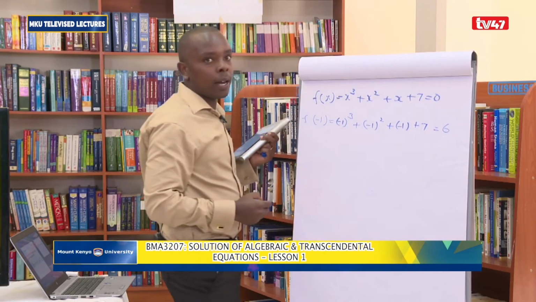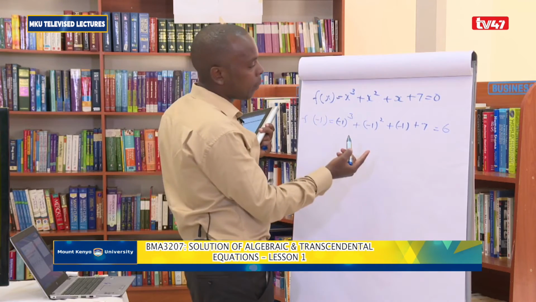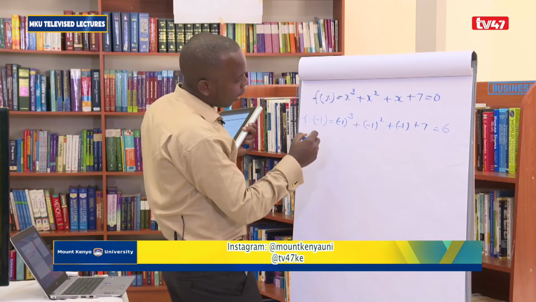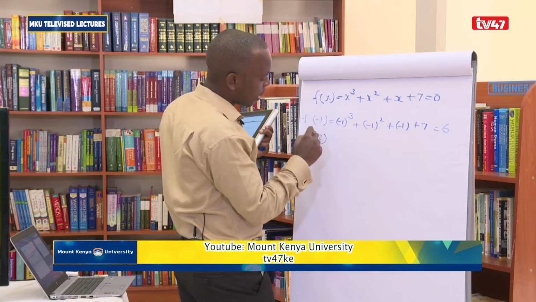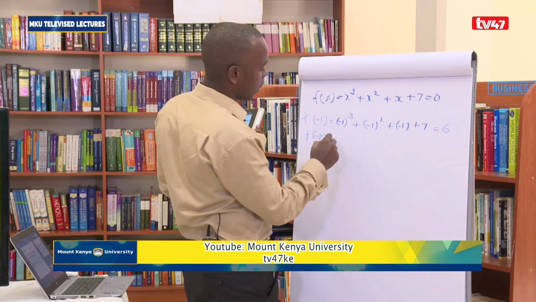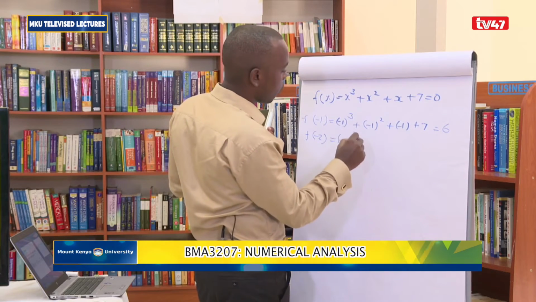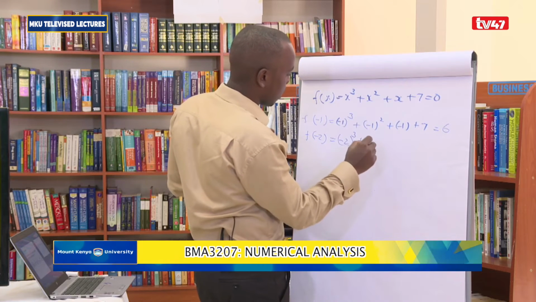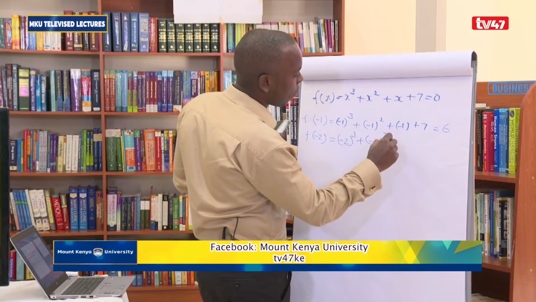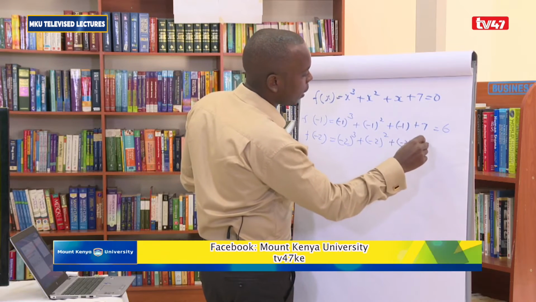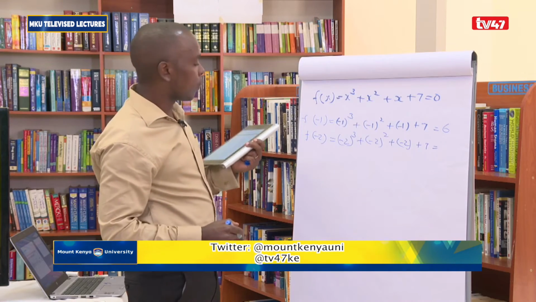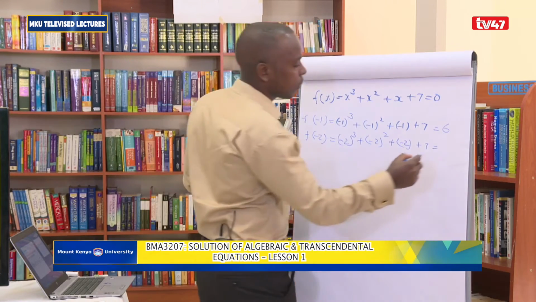So this gives us a positive value. So we can guess another value, -2, and see what we shall get. So we look for f of -2. This is -2 cubed plus -2 squared, sorry, plus -2 plus 7. And we find that the value of f of -2 is 1.